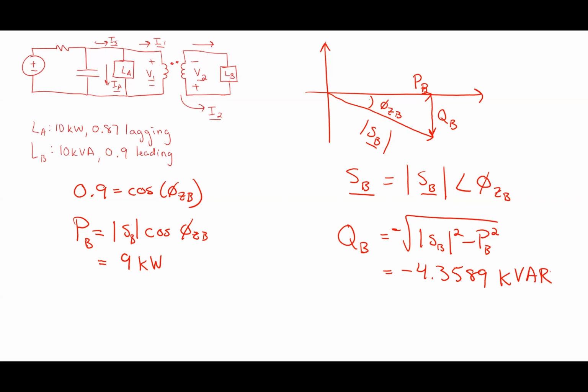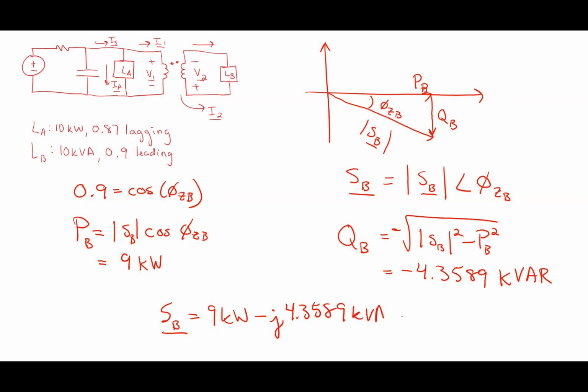So now if I wanted to say, okay, what is that? In rectangular form, S, the complex power, is 9 kilowatts minus j times 4.3589 kilovars.